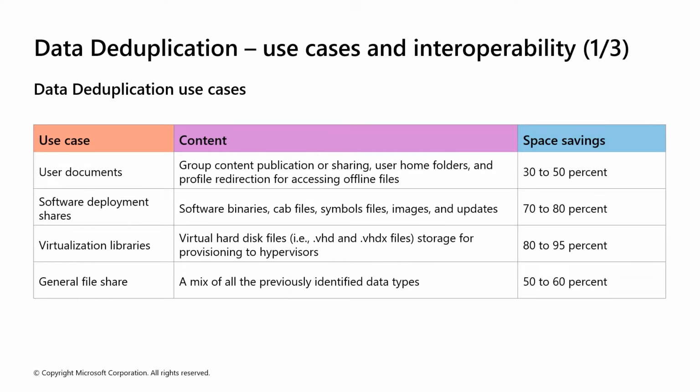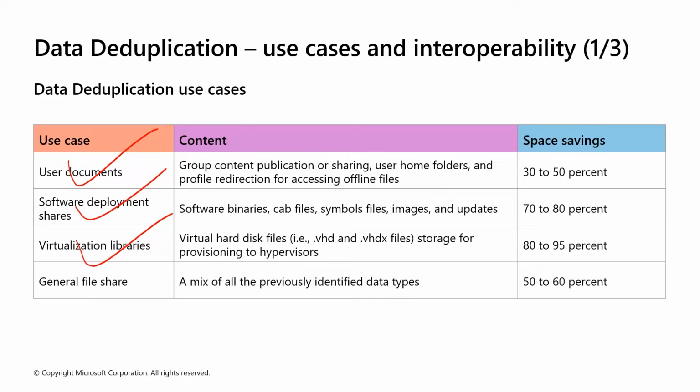Data deduplication is ideal for several use cases. First, user documents. Home folders and profile redirection can save 30 to 50% of space. Software deployment shares. Storing binaries and updates can save 70 to 80%.